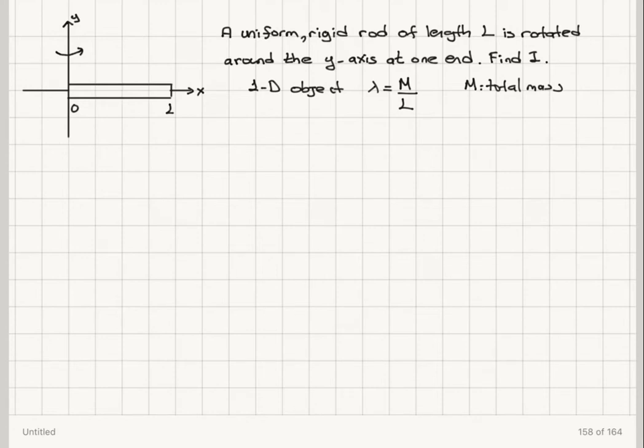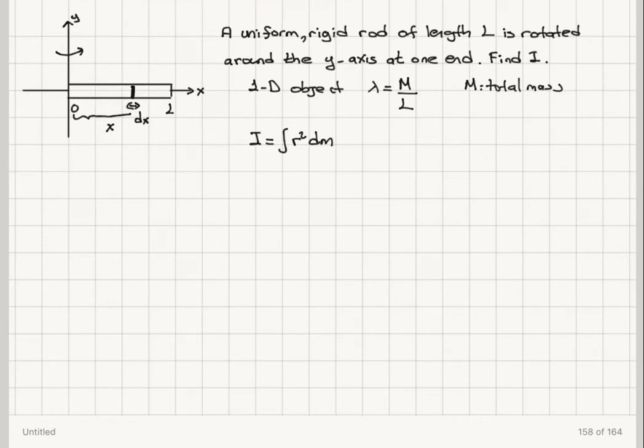Now, for continuous objects, remember that moment of inertia is integral r squared dm. So I have to find small particles that make up this object. So what I'm going to do is I will move to a distance x from the origin, find this particle which has a width dx.